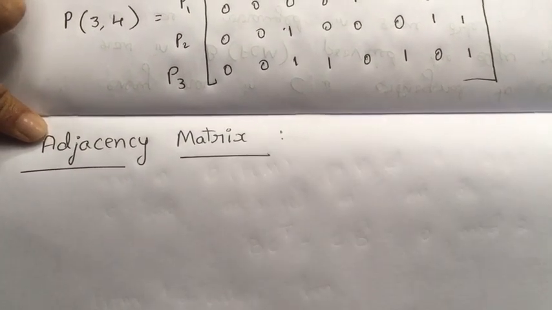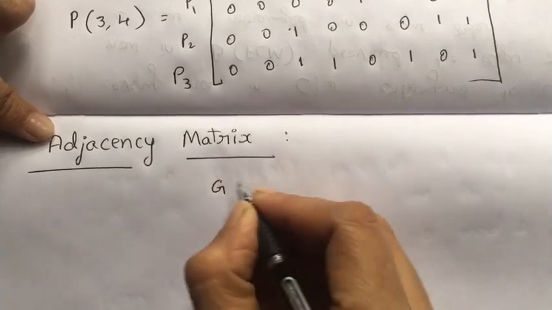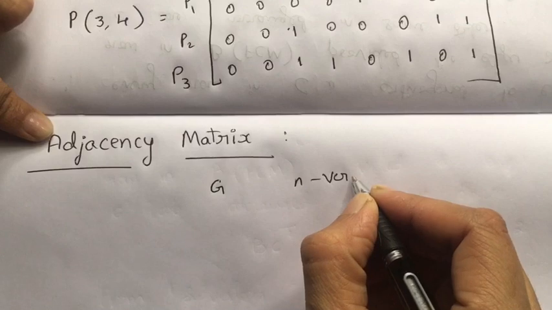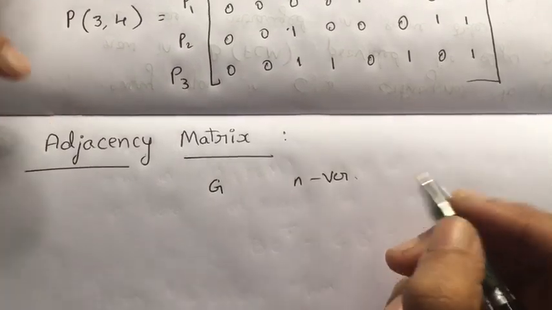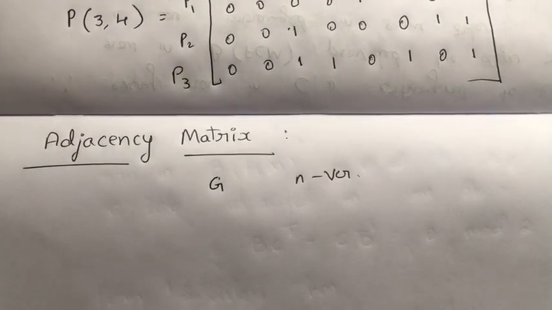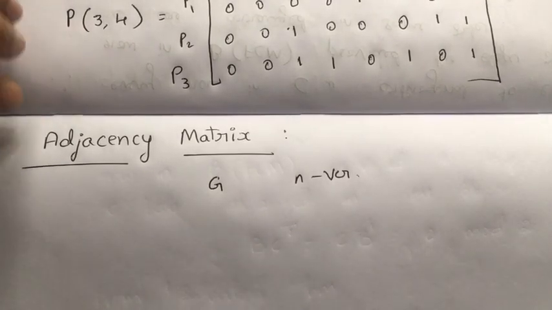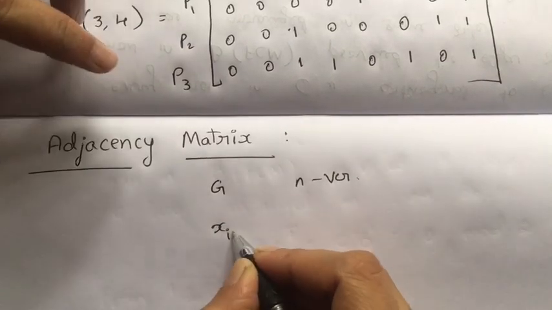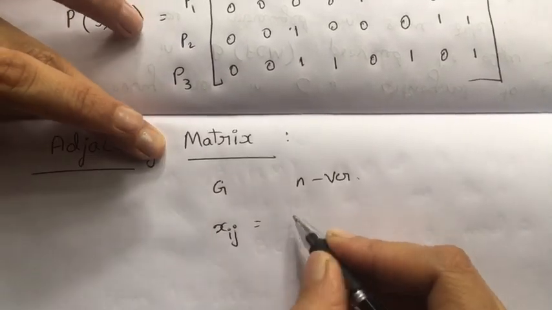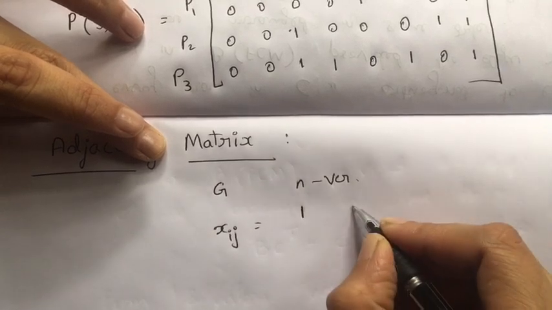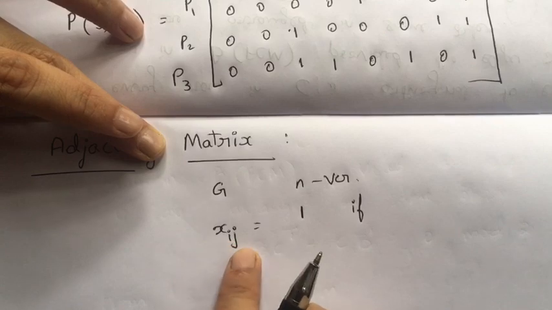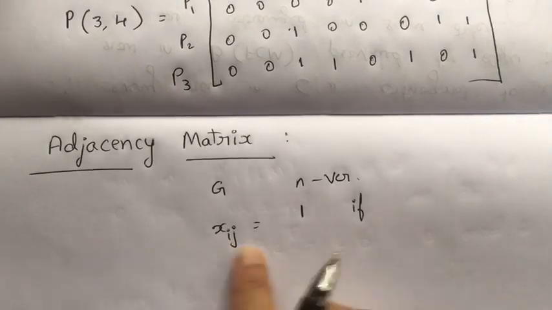Adjacency matrix of a graph G with n vertices and no parallel edges is n cross n symmetric matrix. Of course the entries are either 0 or 1, and the entry xij in adjacency matrix is 1 if there is an edge between ith vertex and jth vertex.